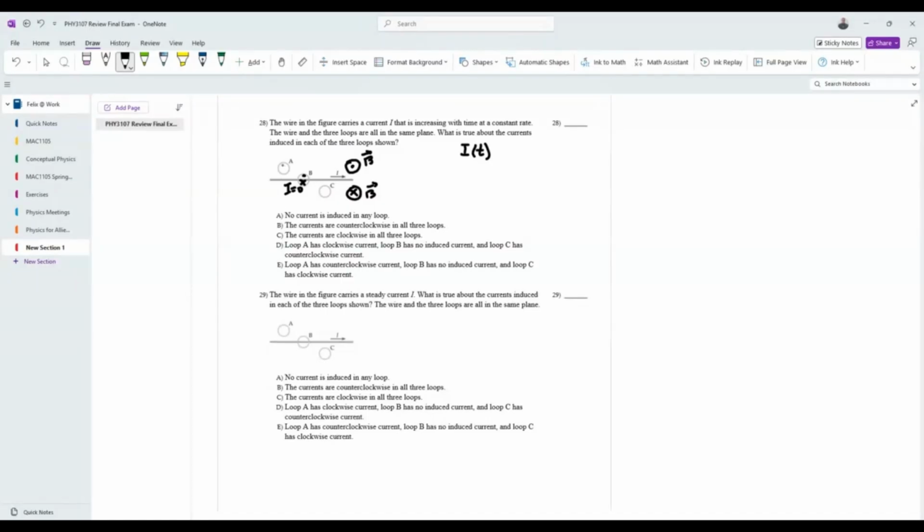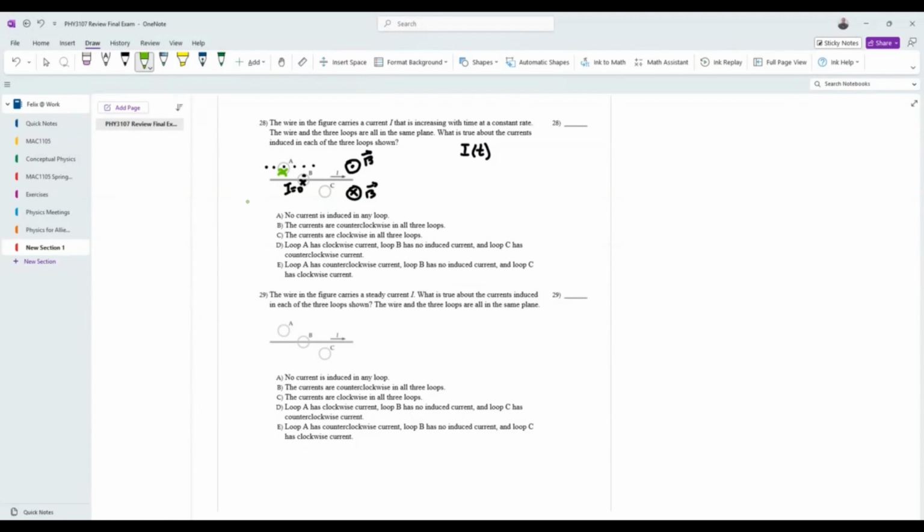Now here, we have an increasing current, okay? Now above, we know that the magnetic field is like this, and it's increasing. So a current will be induced in the ring above that will counteract this increase. The way to counteract that increase is to induce a current whose magnetic field is opposite, right?